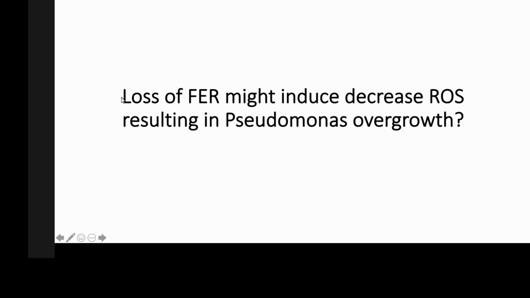So the question then becomes, is the loss of FER able to induce a decrease in reactive oxygen species that results in Pseudomonas overgrowth, right? So if you're able to inactivate FER, you're able to decrease ROS. And then as a result of having low ROS levels in the cell, you get this Pseudomonas enrichment.